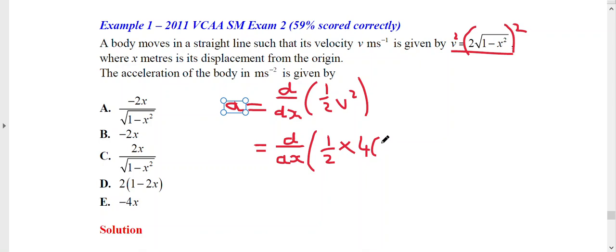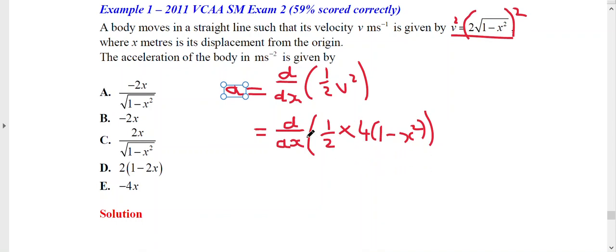So it'll be 4 bracket 1 minus x squared. And I just multiply the half and the 4 together to give me d dx equals 2 bracket 1 minus x squared.